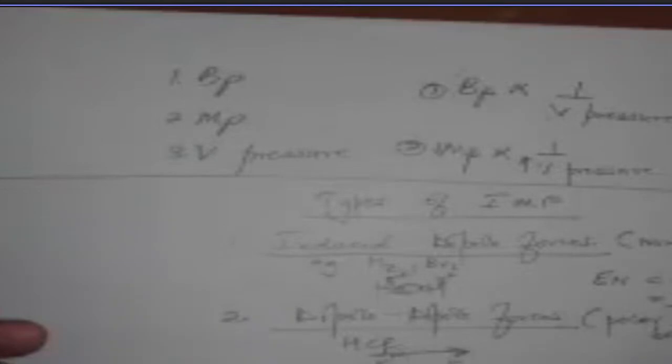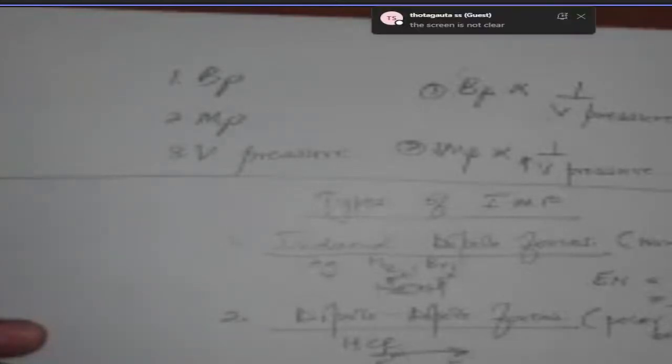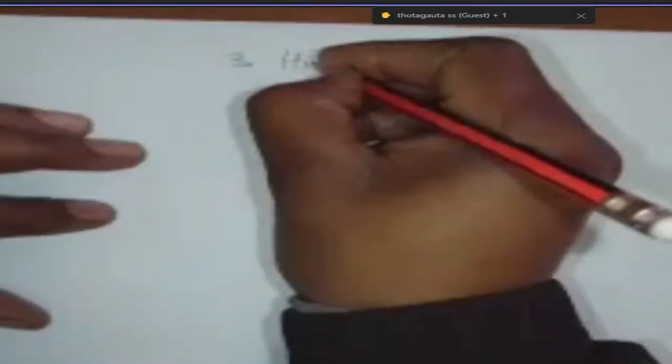Because if you're referring to the electronegativity strength, chlorine is greater than hydrogen. So this is a polar covalent bond. If it's a polar covalent bond, we have what we call the dipole forces. Then I can move to the third one. This one is the hydrogen bond.